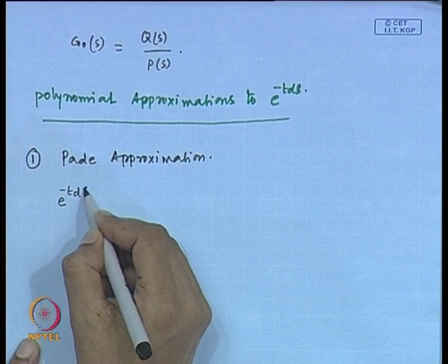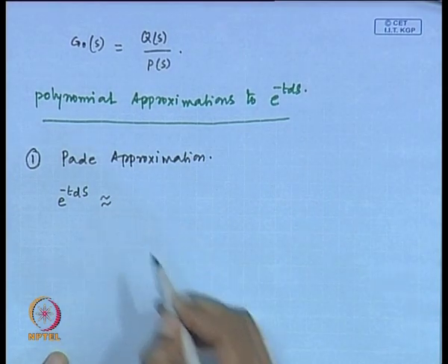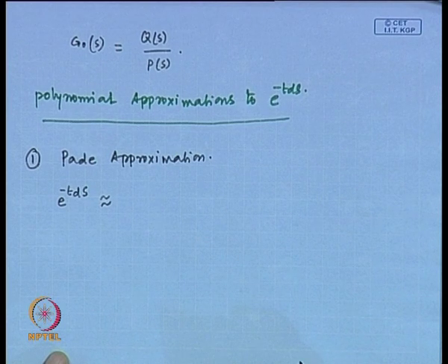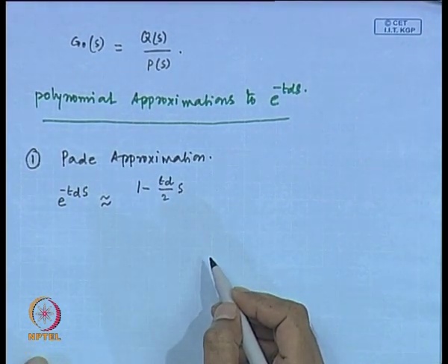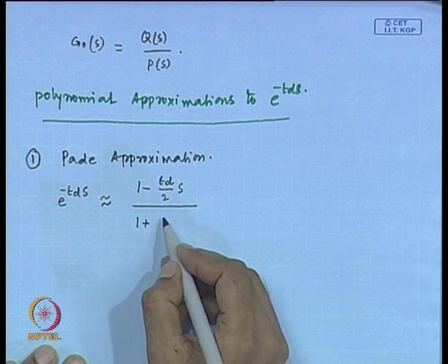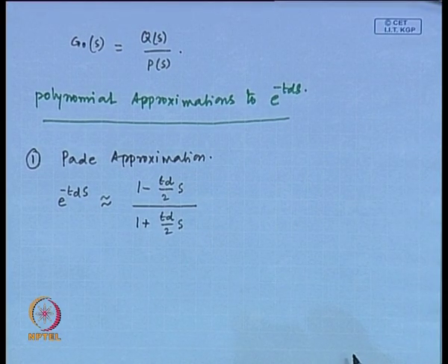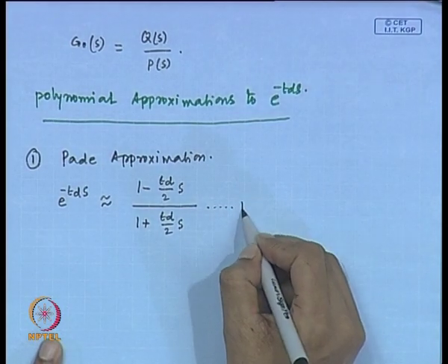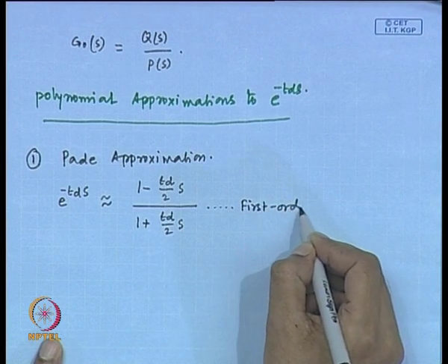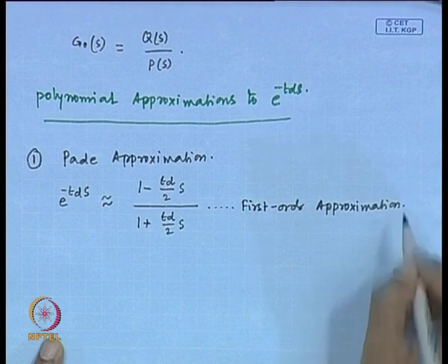The form is like this: exponential of minus TDS is approximately equal to 1 minus TD divided by 2 S, divided by 1 plus TD divided by 2 S. We can write the exponential term by this form, and this is called first order Padé approximation.